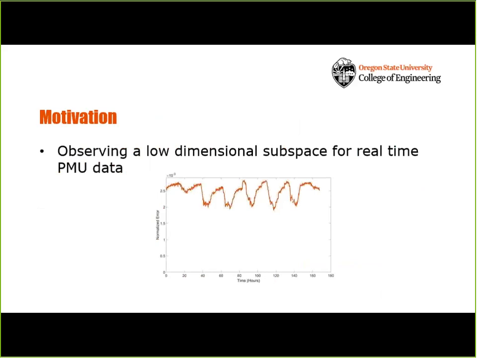Then we segmented this data set into 10-minute interval data segments. We generated the subspace based on one data segment and observed how well this predetermined low-dimensional subspace matches with the rest of the data segments collected from the network.